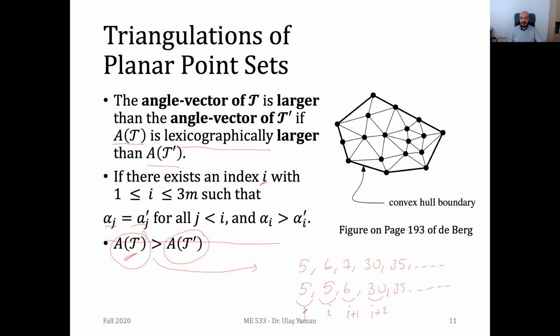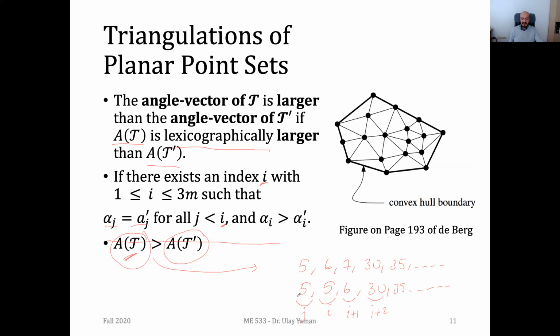This is the index I'm focusing on. If you look at here, yes, these are equal to each other. They are equal to 5. But for the next item, since i is a bit larger than j, they may have the same values, after I describe this one, I will give you another example.